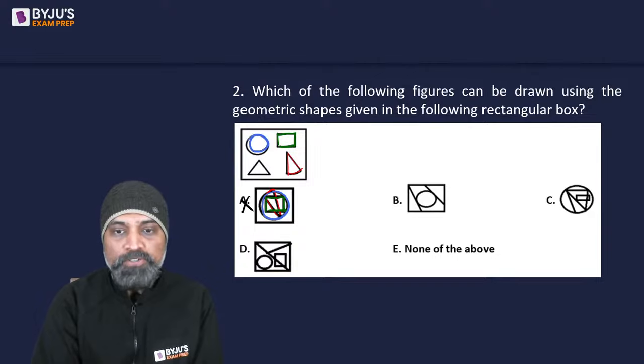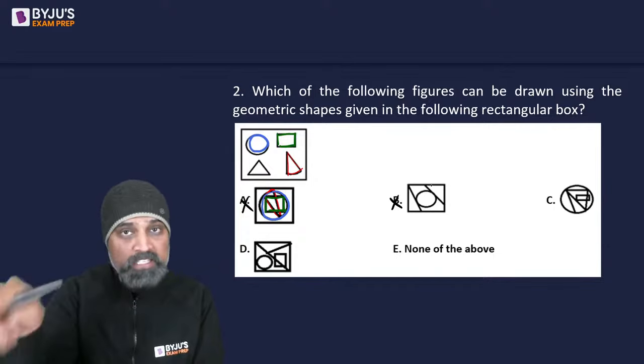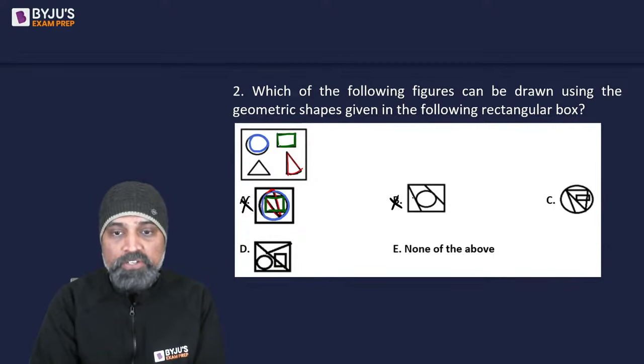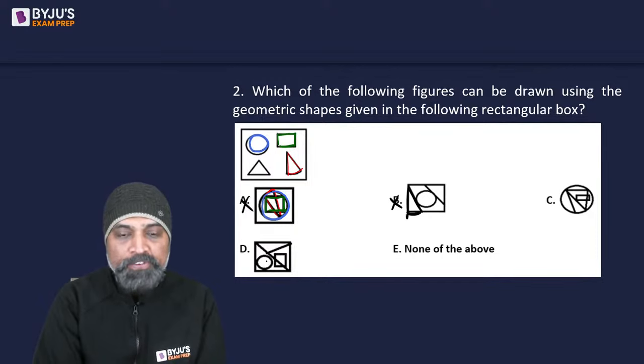Similarly, B can't be our answer because we do not see a square there. The square is the outer line, right? We do have a triangle, but this is not like a cone. So B is not our answer. If you look at D, we do have a circle, a square, a triangle, but the cone shape, the curved part, is missing. So D can't be our answer.